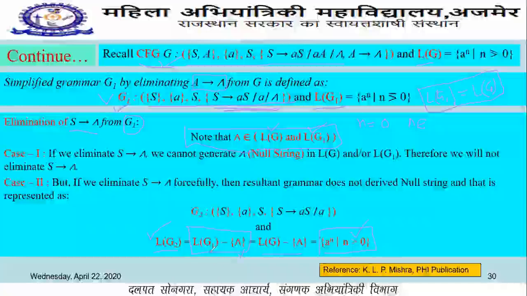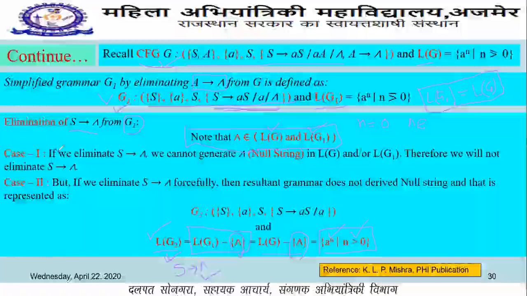So in the next simplified grammar G2, we removed S tends to null also. This time n is not equal to 0, unlike L of G and L of G1, because we removed the null string from both due to the elimination of S tends to null.